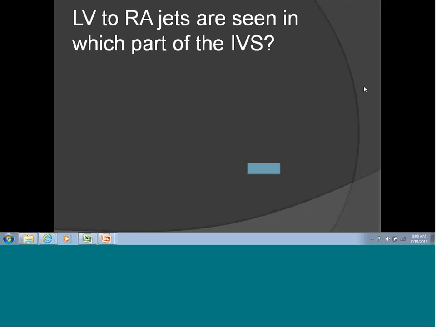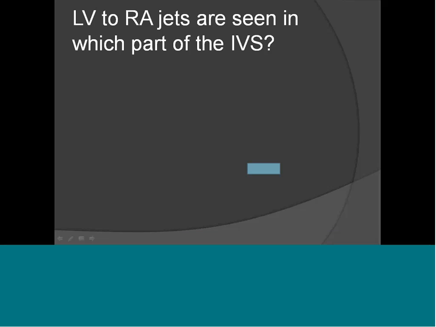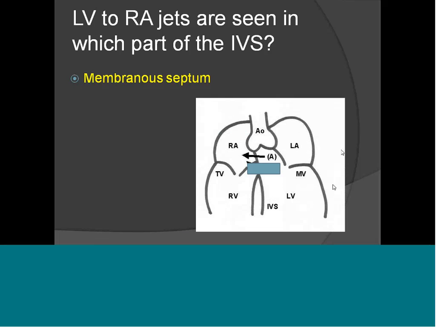AV septal is inlet. Any other answer? Specifically, which part of the ventricular septum? So everyone's saying atrioventricular. Okay. Now let me just show you the anatomy of the heart. We always say that the tricuspid valve is apically displaced, right? So membranous is actually the right answer for this question.